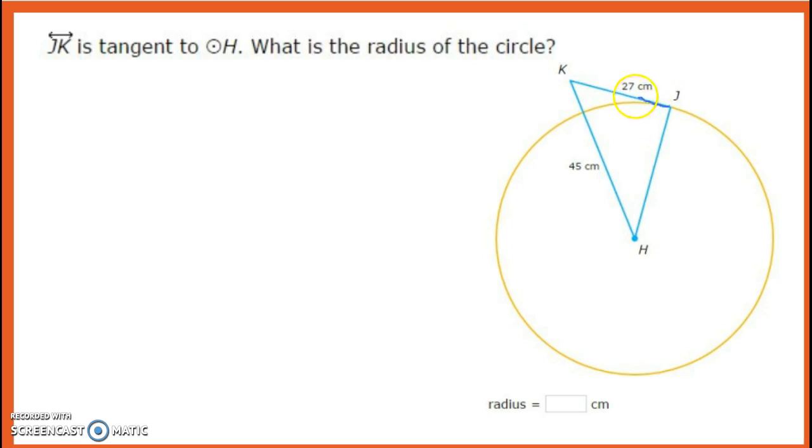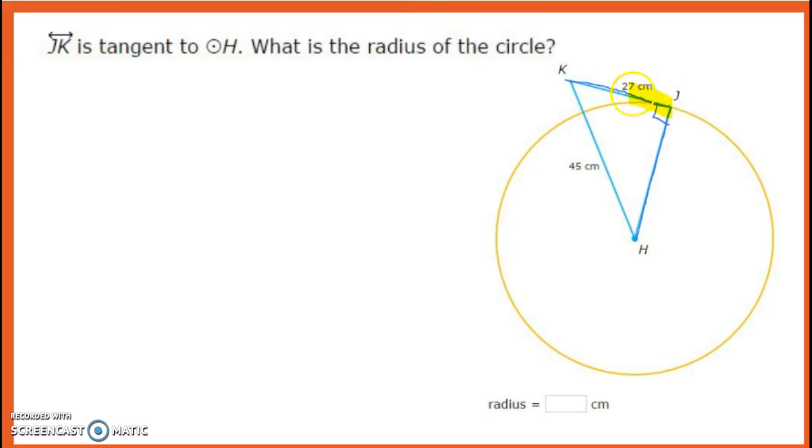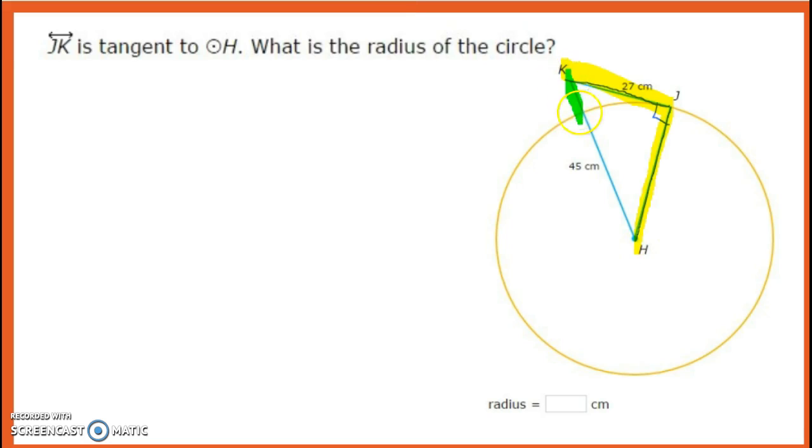So if JK is tangent to our circle, that means the radius and JK form a 90-degree angle. And so KJ and JH are the legs, and that makes our hypotenuse K to H. And we want to find the radius length.